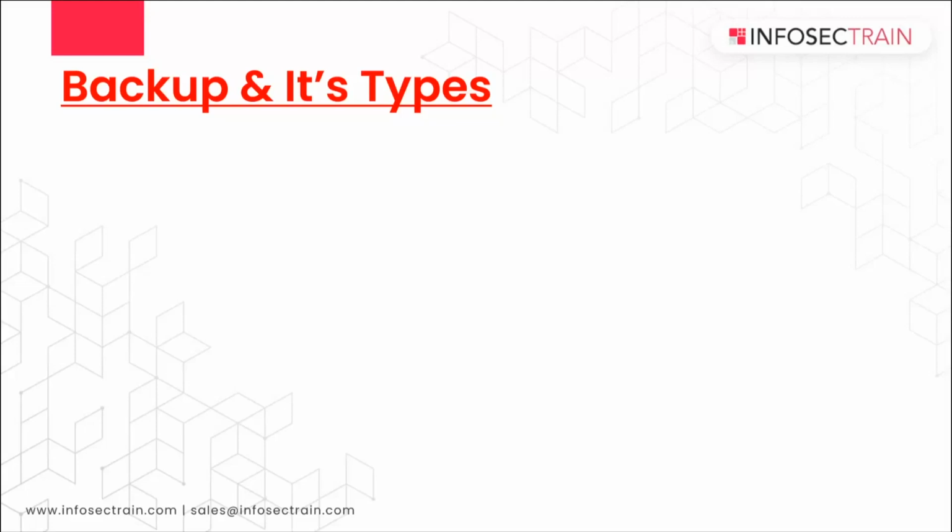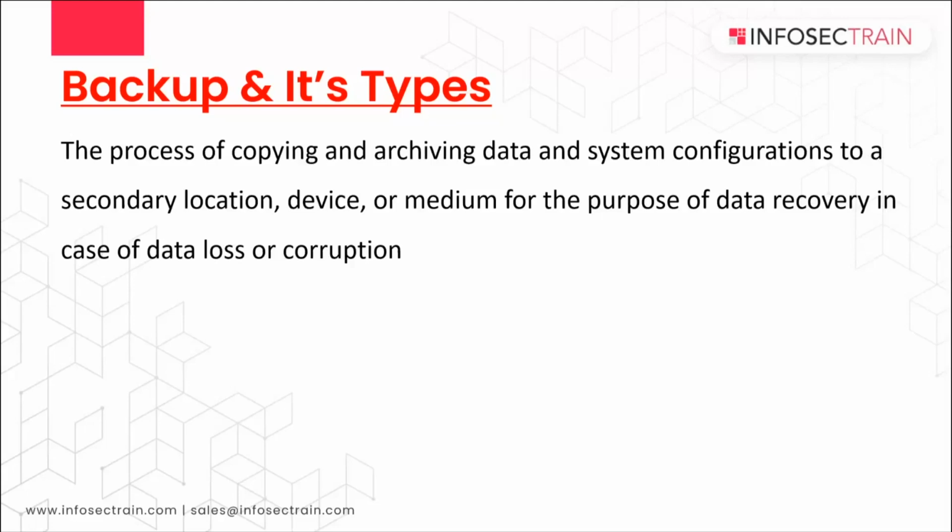So we can simply say that backup refers to the process of copying and archiving data and system configurations to a secondary location, device, or medium for the purpose of data recovery in case of data loss or corruption, right?